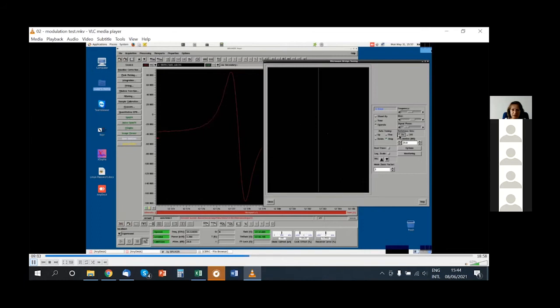And what I have done now, I have extracted the sample to check the Q factor of the empty cavity.